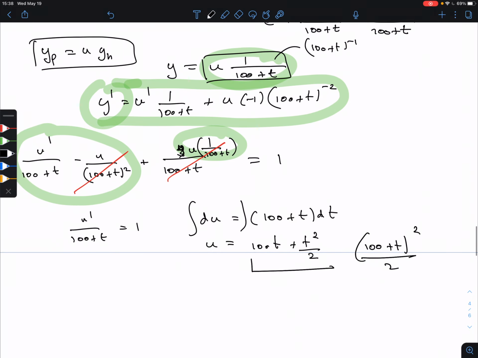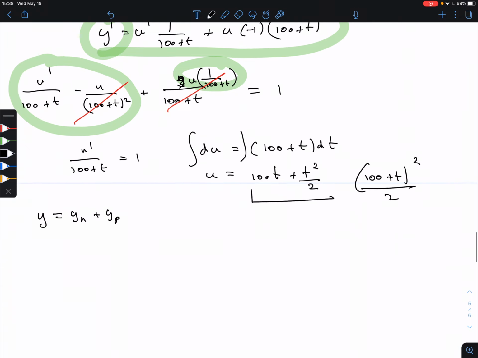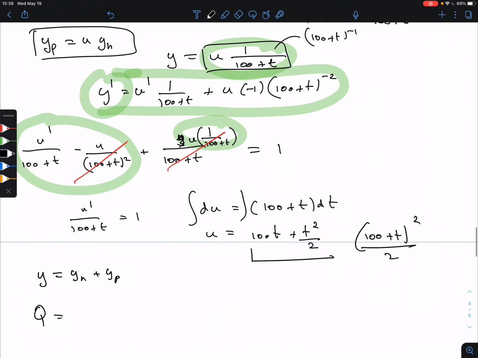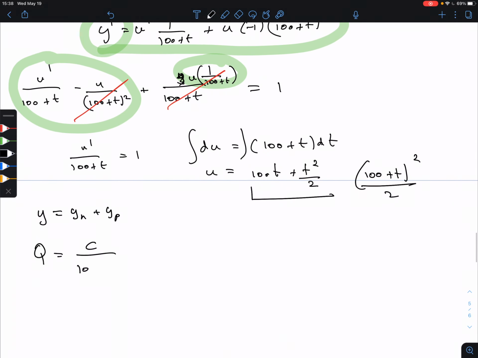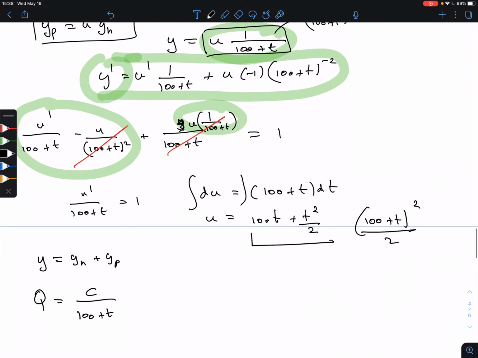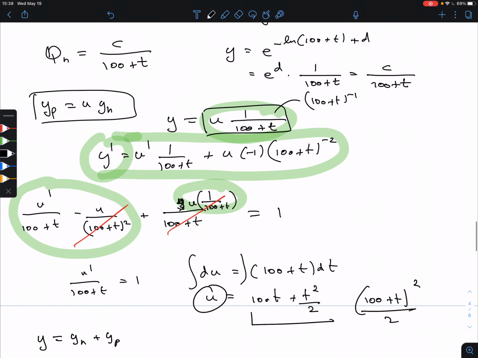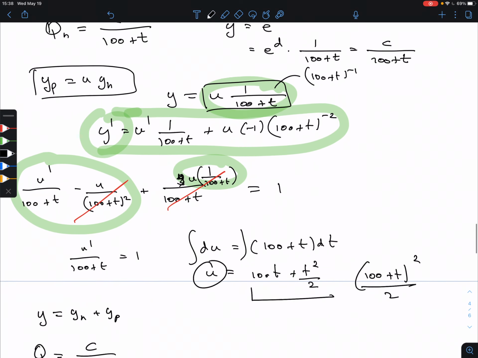The general solution is y equals homogeneous plus this particular solution, so let's write it down in Q's now. Q is equal to the homogeneous solution, C over 100 plus t, and the particular solution that we got. Be careful, this is u, right? We still have to multiply this with y, so it's this form here. The particular solution is u, which was 100.